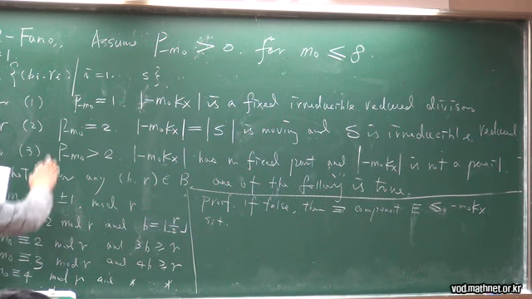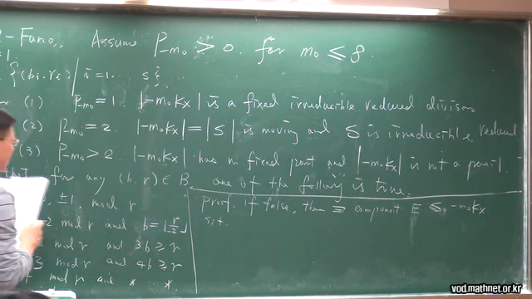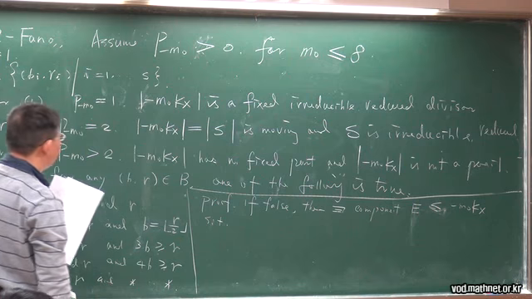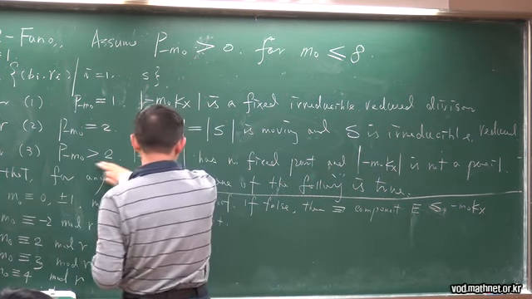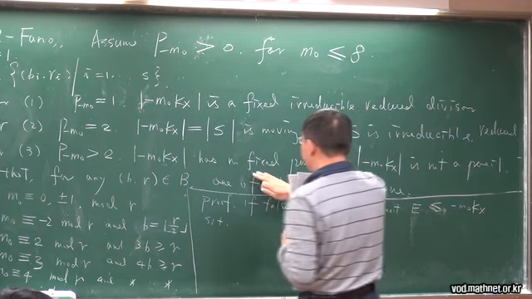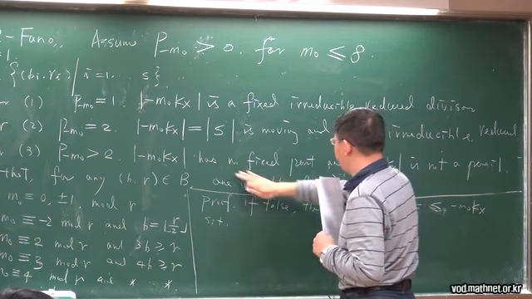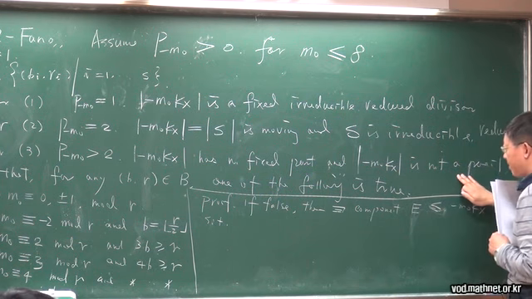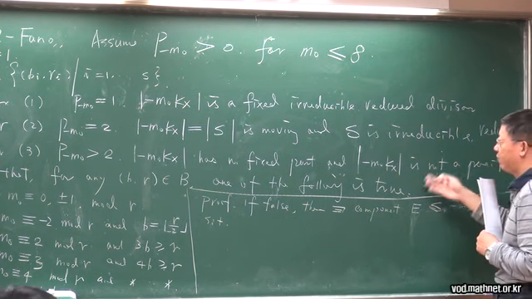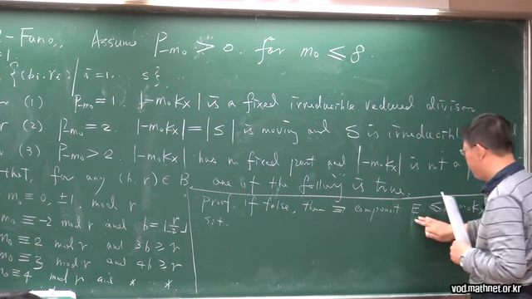Because if you have a fixed part, or in the last case, either this has a fixed part, or this is a pencil. So we can always find some component E.